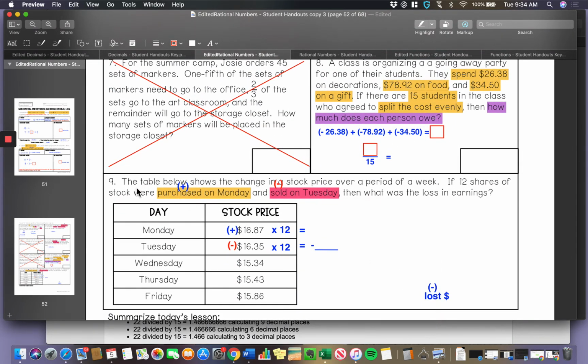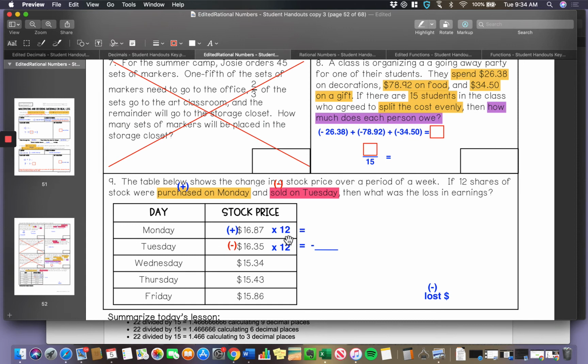Okay, number 9. The table below shows the change in a stock price over a period of a week. If 12 shares of stock were purchased on Monday and sold on Tuesday, then what was the loss in earnings? So on Monday, the stock price was $16.87.